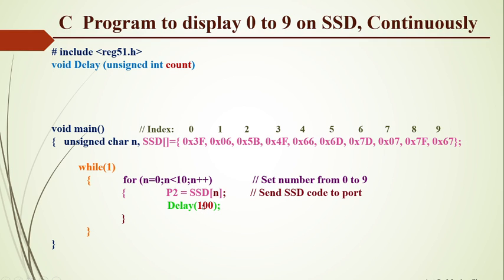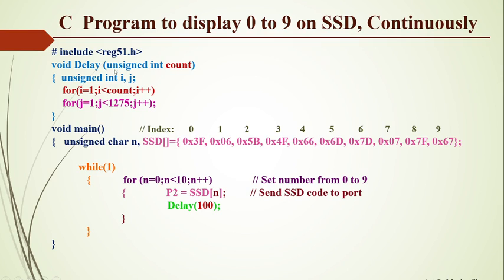The count that we have mentioned in the brackets will be assigned to this int count. Here we have defined unsigned int i and j. The first for loop will execute for the value assigned to count, and the second for loop will be executed 1275 times.